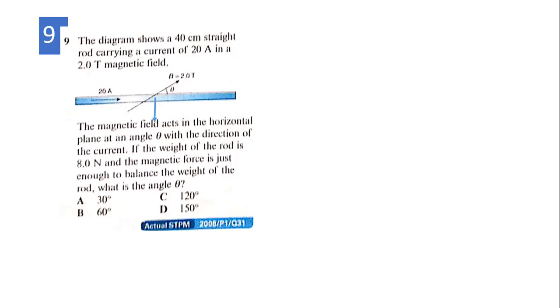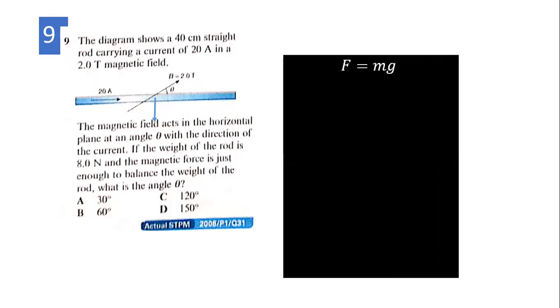What is the answer? Fm equals BIL sin theta. The magnetic force equals the weight, that's all. The weight pulls it down, the magnetic force is upwards. So the weight is 8 newton.